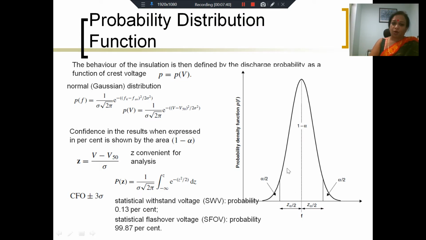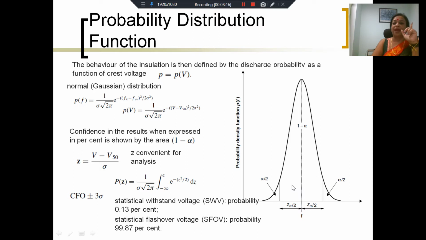So with what percent would I be able to say that my breakdown voltage is a particular value, 30 kV per centimeter? Let's say I choose a confidence interval of 90%, which means I choose 45% on this side and 45% on this side, such that the total area under this curve is 90%.